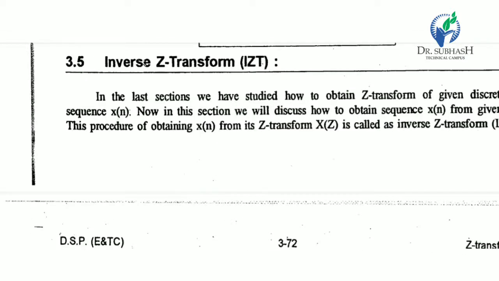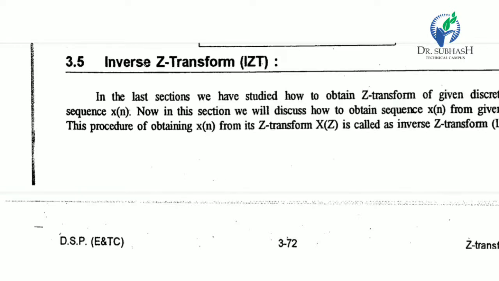We studied the Z transform. Now the next topic is IZT, which means inverse Z transform. In this section we will discuss how to obtain the sequence x of n from a given x of z.